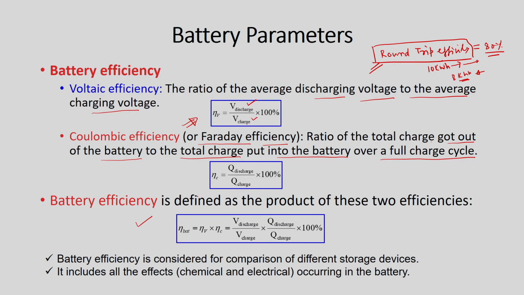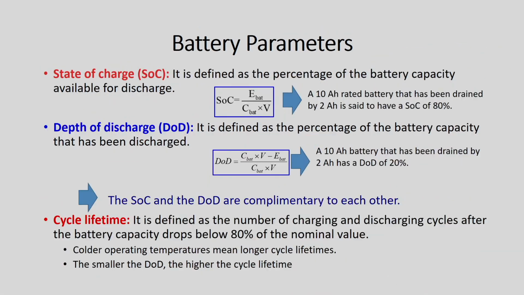If we combine both the efficiencies, what we will get is the battery efficiency. If we multiply these two, then we will have the battery efficiency. This battery efficiency is considered for comparison of different storage devices, and it includes all the effects, chemical and electrical, occurring in the battery, right. So, these efficiencies are important for evaluating a battery.